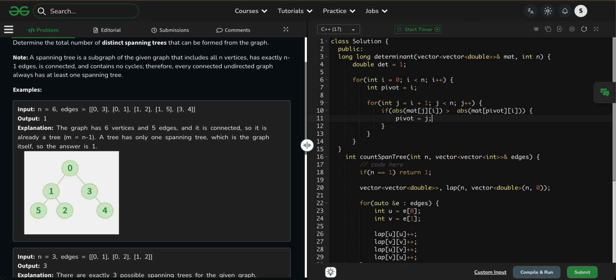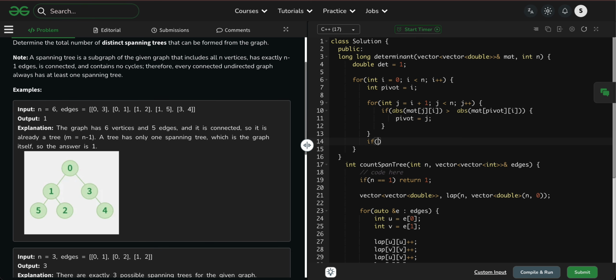So if abs of mat of pivot is equal to mat of I, right? If this is right, if you see this is, then 1 to the power e to the power minus 9, right?